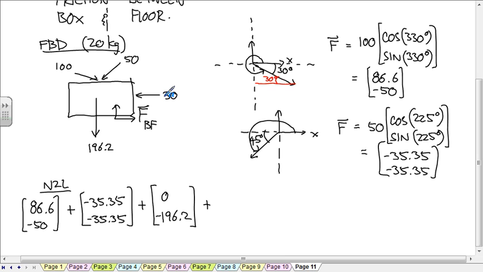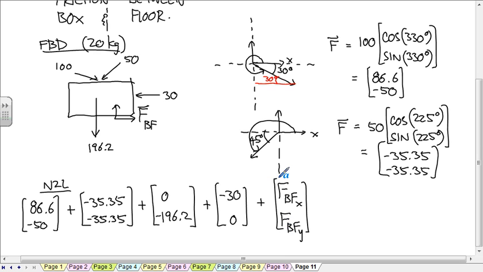The 30 Newton force is in the negative x direction, so that's negative 30, 0. And then the last one is the force on the box by the floor. So I'll break that up into components like this. And those have to equal the 0 vector.